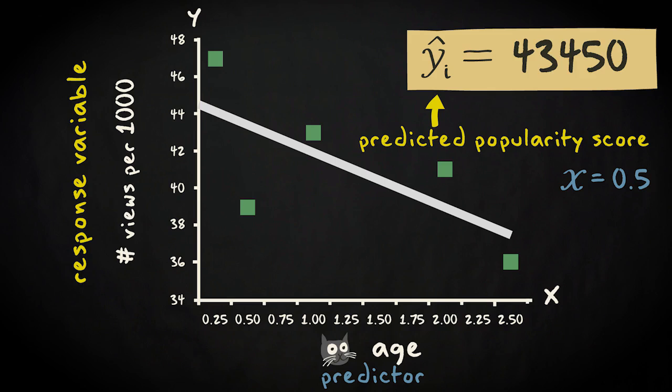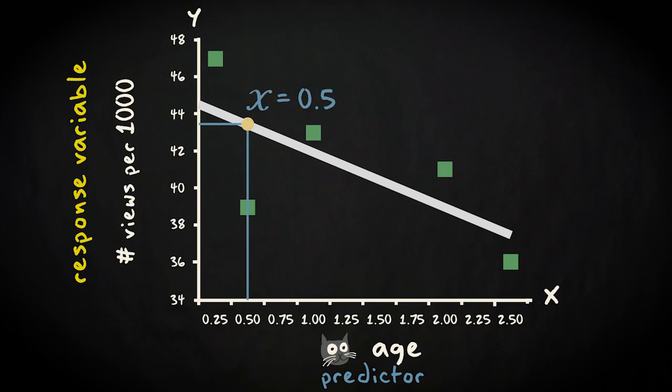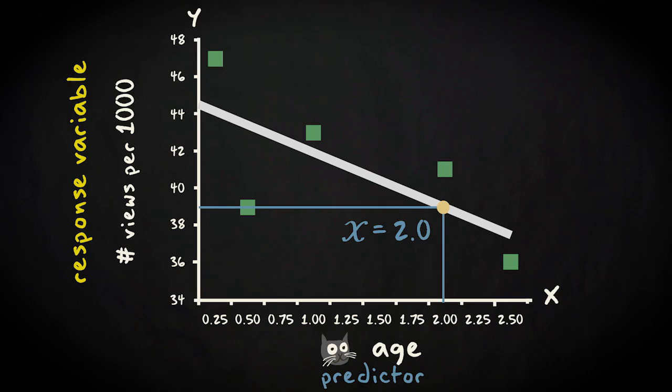Similarly, the predicted score for a 2-year-old cat is 44.95 minus 3 times 2. This equals 38.95 times 1,000, or 38,950 video views. As you can see, these are the y values for x is 0.5 and x is 2 on the regression line. These are the predicted scores, which differ from the observed scores.